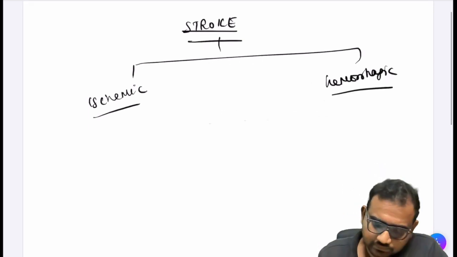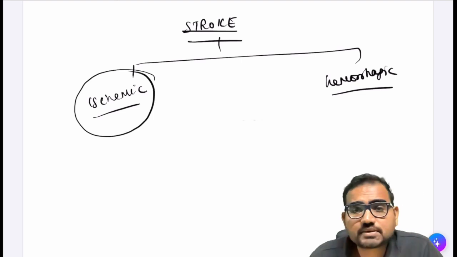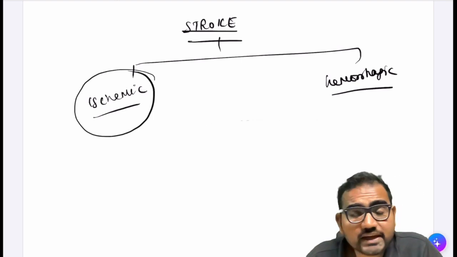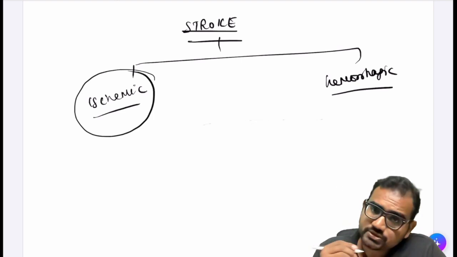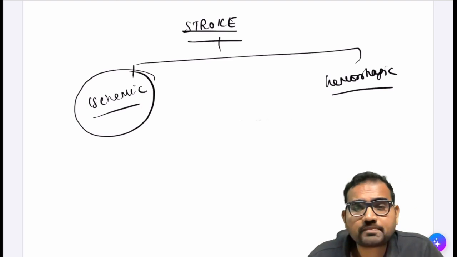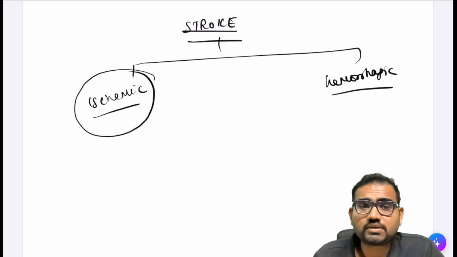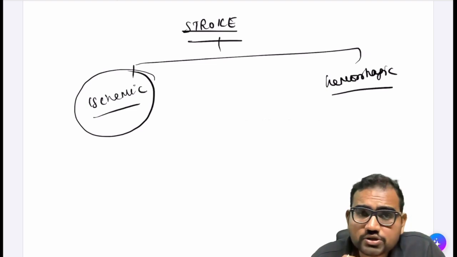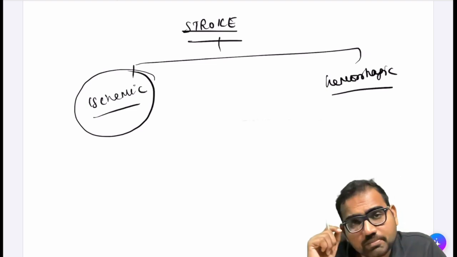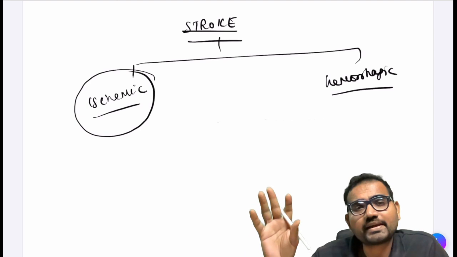Ischemic stroke means the brain is not receiving enough oxygen because there is decreased blood supply, so the brain cells die. Ischemic stroke is because of insufficient blood supply to a particular area in the brain.